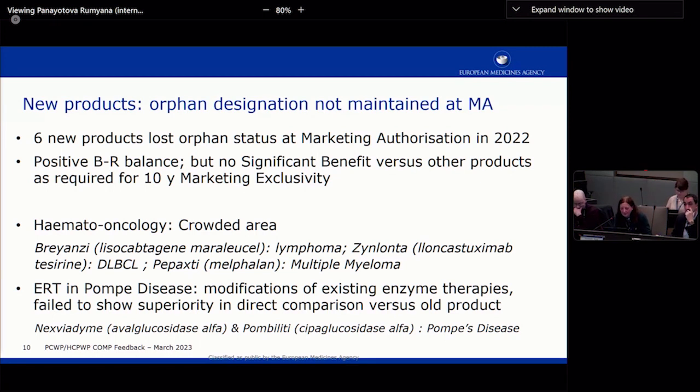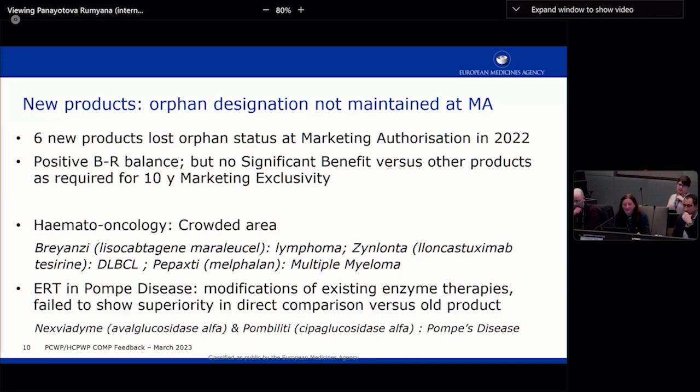And other products, the enzyme replacement therapy in Pompe disease. We have Myozyme, and an attempt was made, by a difference in the utilization of this product, to make it less vulnerable to drug antibody formation and to be more effective on the target, which is muscle strength. But they failed to demonstrate so. It's very difficult.